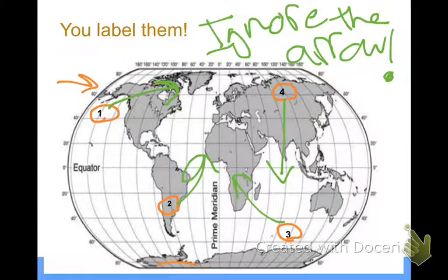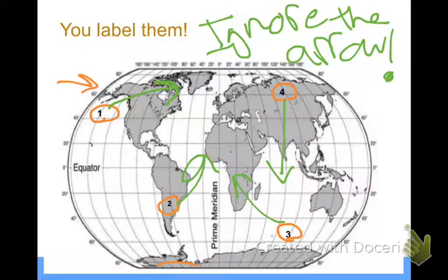The arrow is telling you where the air mass will move to. When we are naming air masses, we don't care where the air mass is going to move to, because the air mass is named based on where it formed. So these arrows are not telling you number 1 is located here. It's saying number 1 formed where the number is and will soon move in this direction.